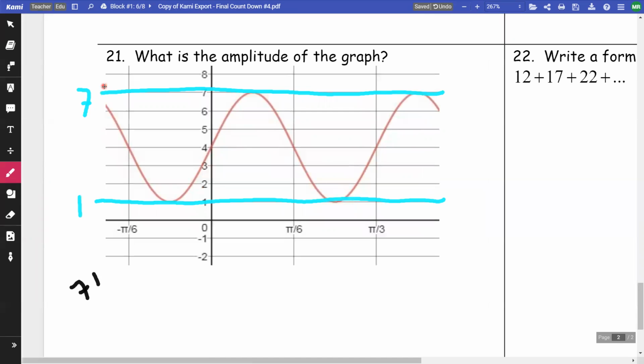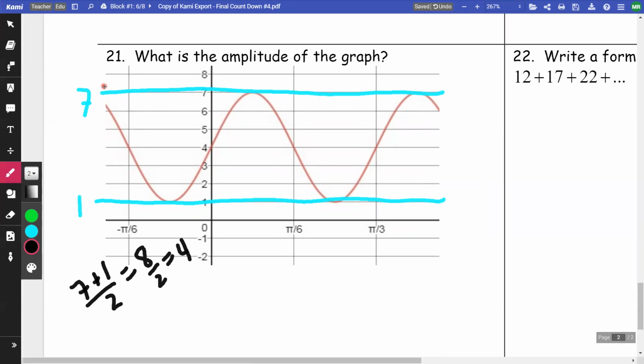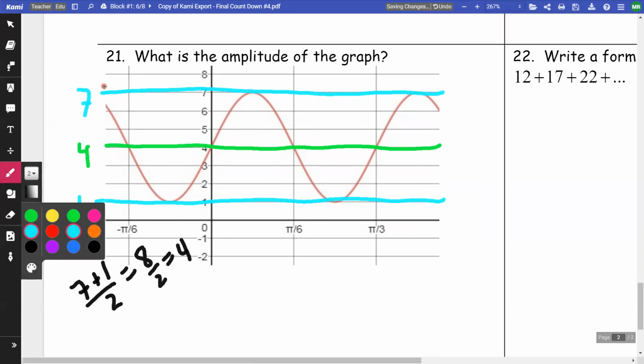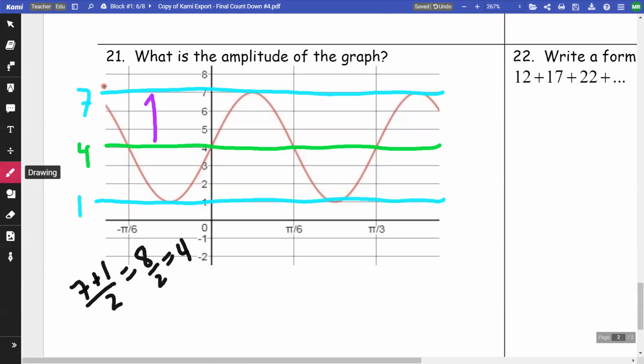So you add them together, divide by 2. We call that average. So it's 8/2, which is 4. That means my vertical shift is at 4. My amplitude is how high above that I'm going, or below. So I'm going 3 above, I'm going 3 below. So that means my amplitude is 3.